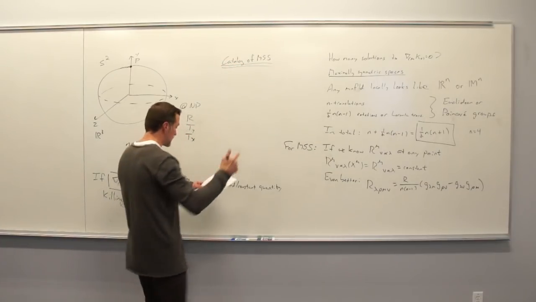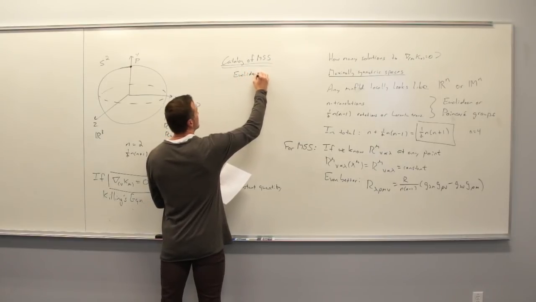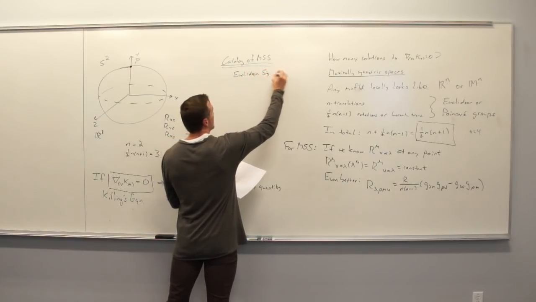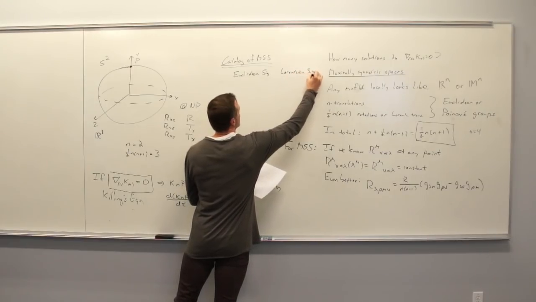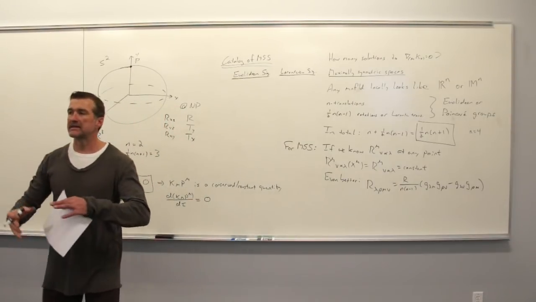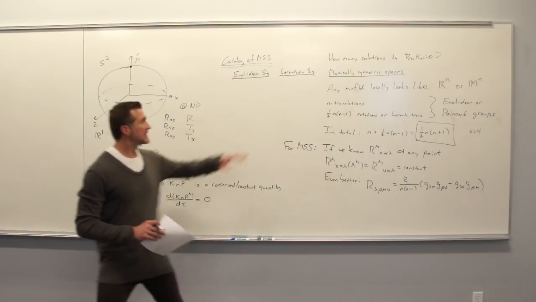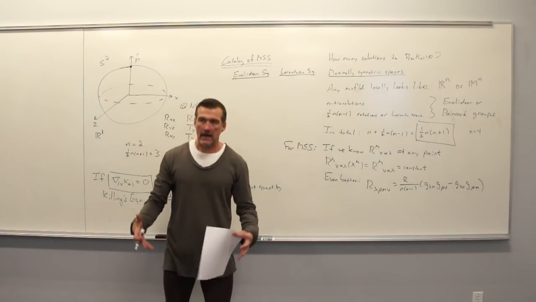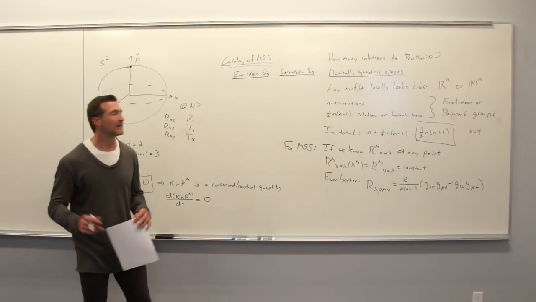We can break these up into Euclidean signature and Lorentzian signature. Remember, when I say Euclidean signature, all I mean is a space. There's no time in it. Lorentzian signature means a space-time, so at least one dimension, and preferably no more, is time-like.